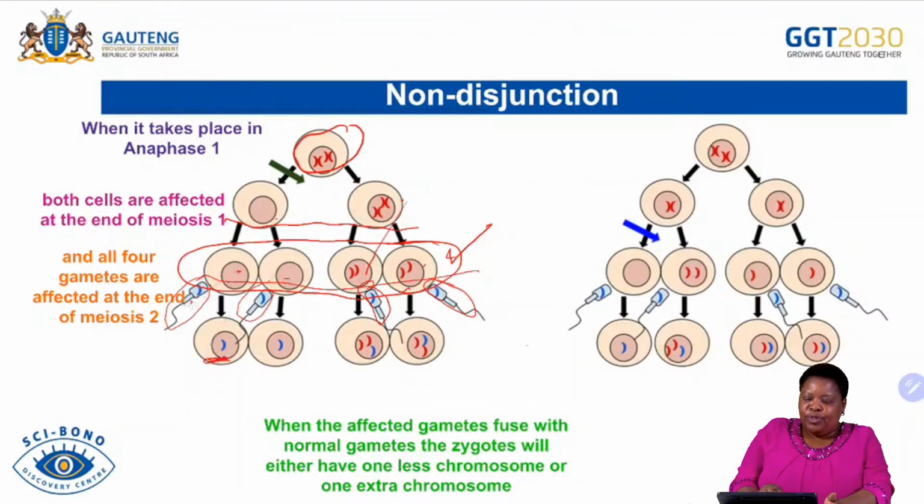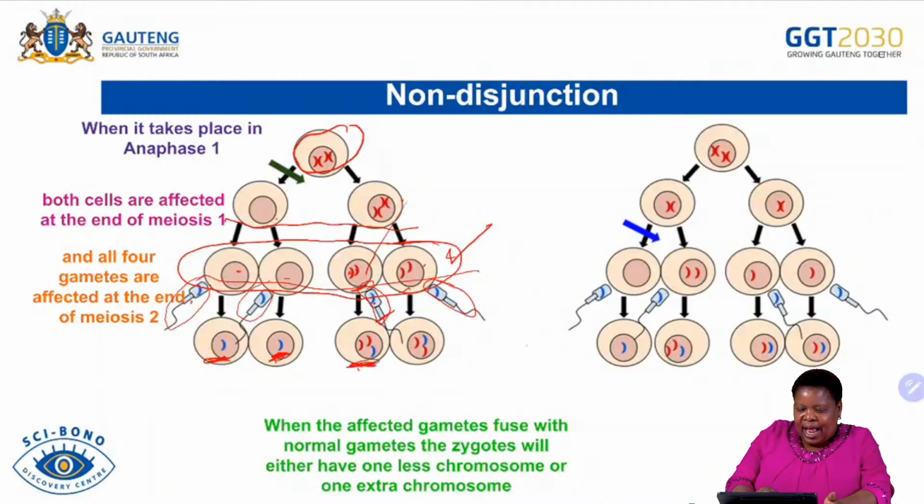Same applies with this haploid cell. When it fuses with this normal cell, here we've got 1, on my right-hand side. So this cell is affected, when it fuses with the sperm cell, can you see that? We've got 1, 2 here. We've got the 3rd one here.